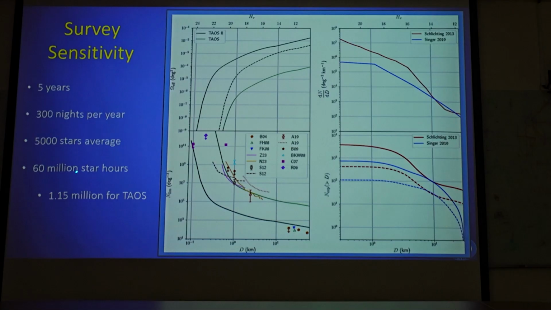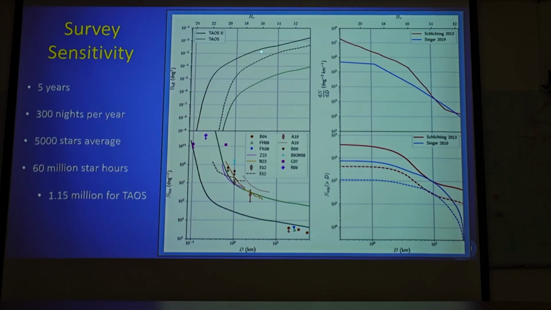We can get in total 60 million star hours of data, and you can put that into the calculation and calculate the effective coverage of a survey. Compared with TAOS I, of course, this is a huge jump. Roughly speaking, a 100 times improvement.